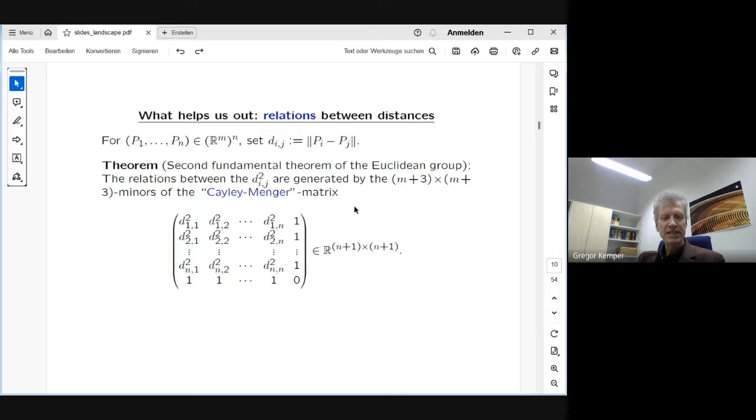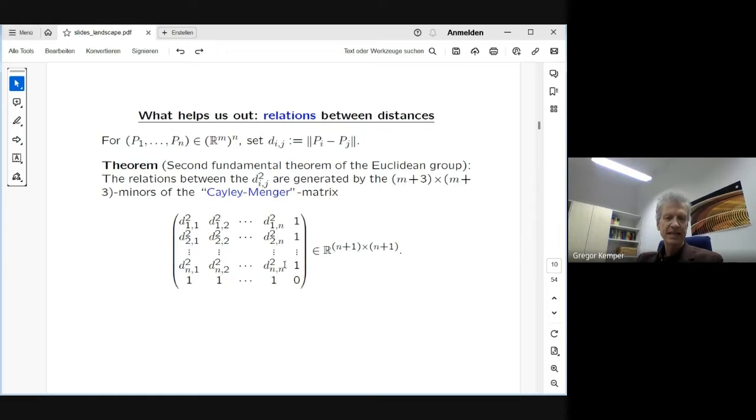Now, how does this arise? This actually arises from the Gram matrix of the scalar products between the connecting vectors of the points. You choose one anchor point, and then you have the connecting vectors, and then that gives you a Gram matrix. And this is really nothing else than blowing up the Gram matrix a little bit and performing some operations on it.